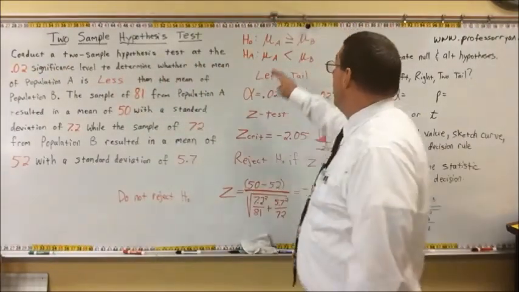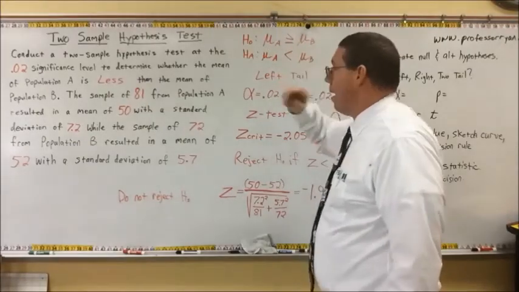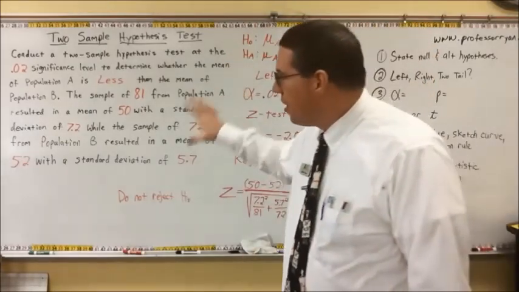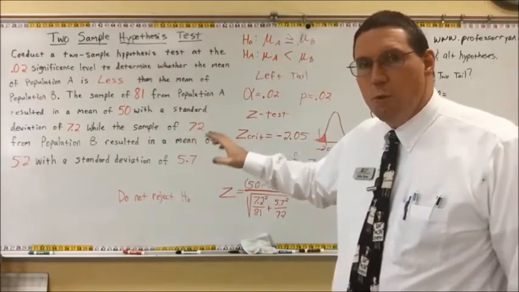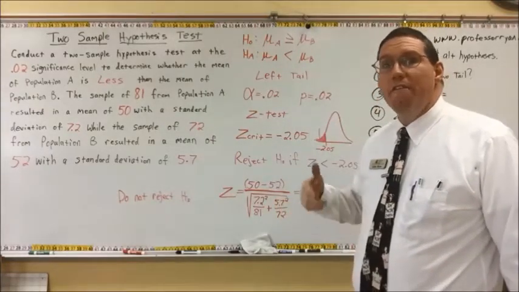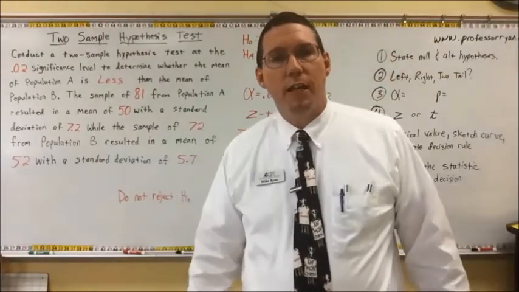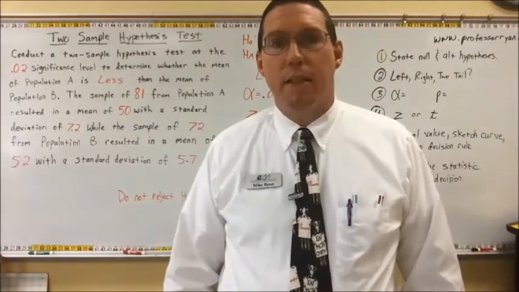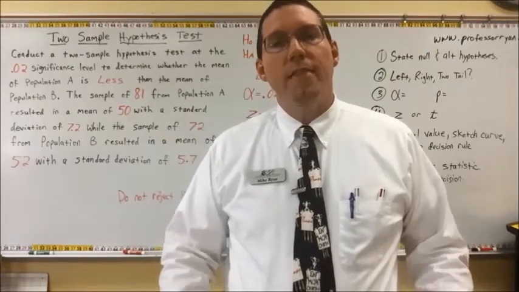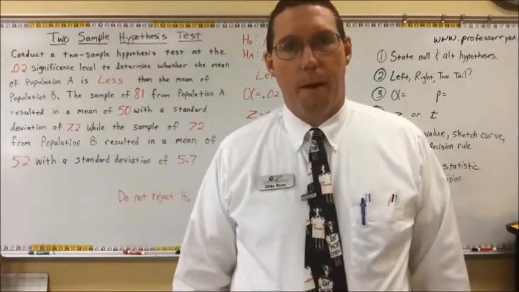Or you might argue that the mean of population A is greater than or equal to population B. Well, no, not necessarily. All it means is that this study did not show support for the alternative hypothesis, so we fail to reject the null hypothesis. Failing to reject a null hypothesis does not mean that the null hypothesis is true. It just means that we didn't find enough evidence to reject the null hypothesis.